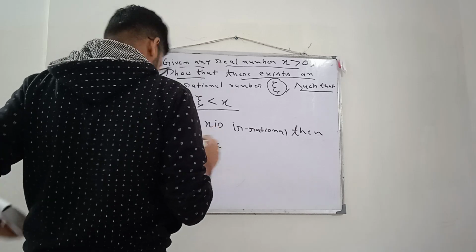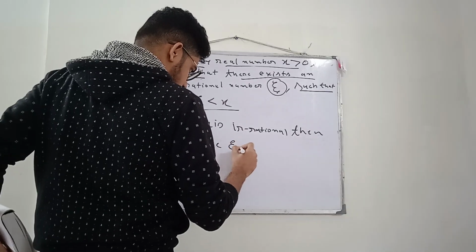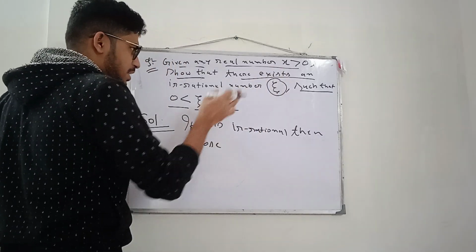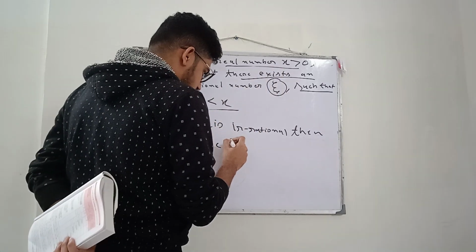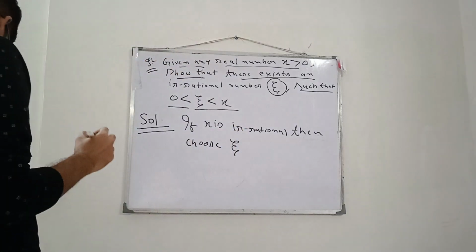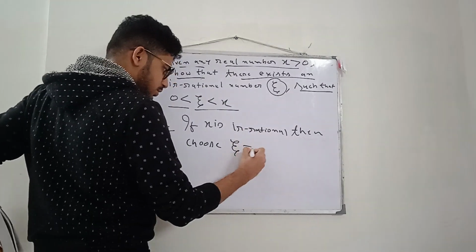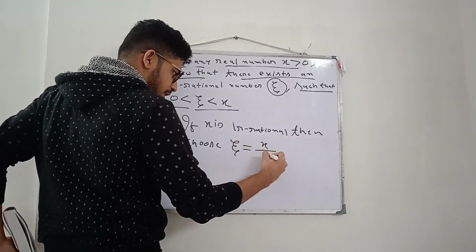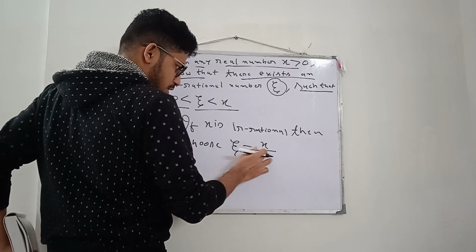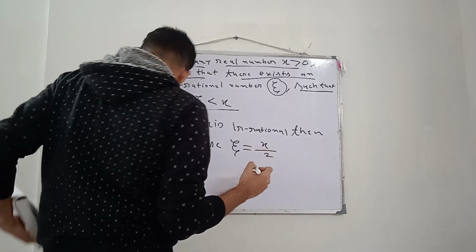This sign is very complex. This one is equal to x by 2. This sign is equal to x by 2.